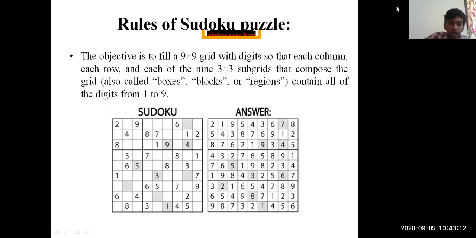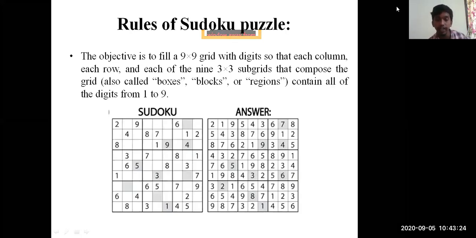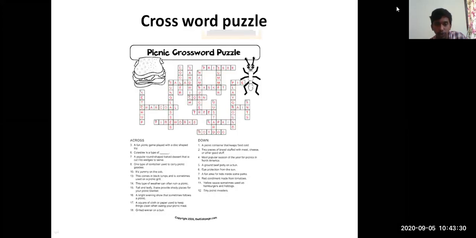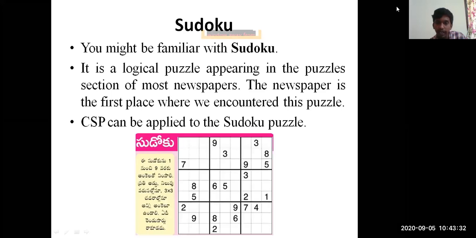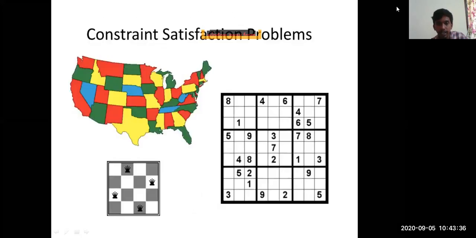So if you want to develop such types of games, you need to understand the concept behind this. You need to have your limitations, you need to give your constraints properly, and only then can a solution finally be concluded. Okay, so these are some of the applications, like the crossword problem. Sudoku is one example.